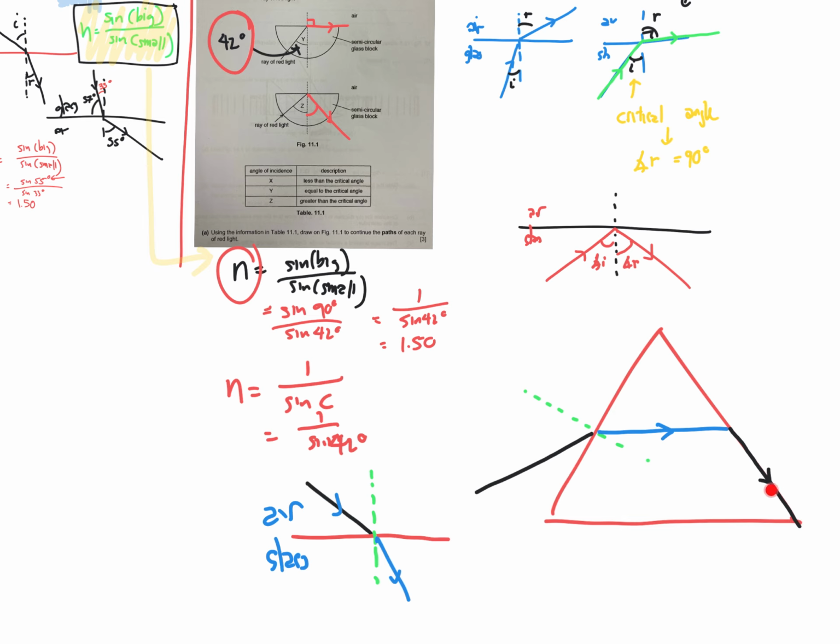No. This means that it's at the critical angle. Why? Let me draw your normal, because this is 90 degrees, and this over here must be your critical angle. I'm not saying this will happen in your exams. Usually it doesn't. It's a more interesting question if it refracts or reflects, but you need to figure it out. How? Just go back and use the same concepts over here.